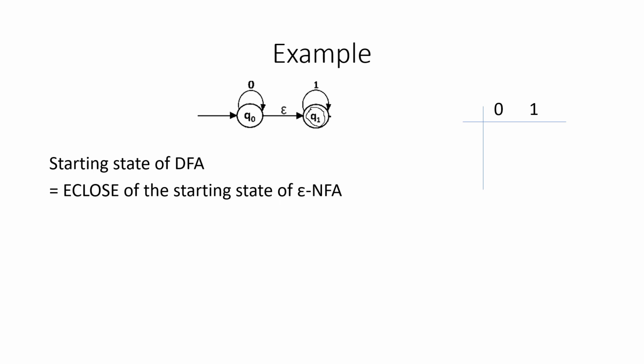The method that is used for converting epsilon NFA to DFA is the modified subset construction method. It means that it follows the same rule as that of the subset construction method, with only one additional step included here. In NFA to DFA conversion, the starting state of NFA is the starting state of DFA.